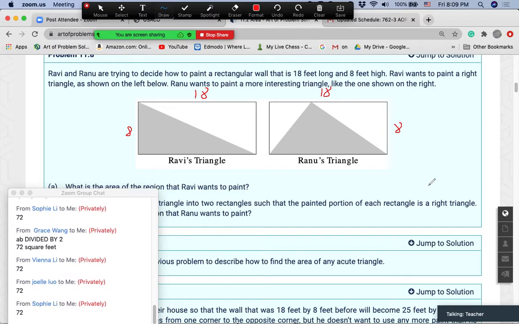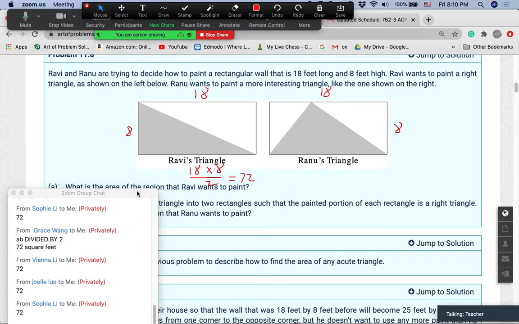Sophie got it correct. Julia got it correct. So this is correct, 72, because the area of this right triangle equals 18 times 8 divided by 2, so it equals 72. Very good.